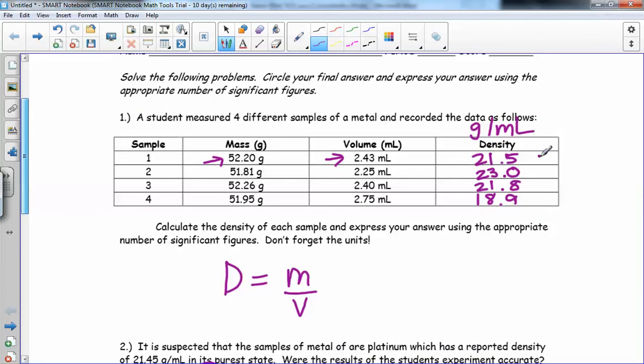Clearly, with this variety in our densities, they are not, so our precision was very poor. But as far as accuracy, we have the accepted value down here of 21.45, which is pretty darn close to this one and number 3. So those two measures could be considered accurate, but the overall precision of the experiment was poor.